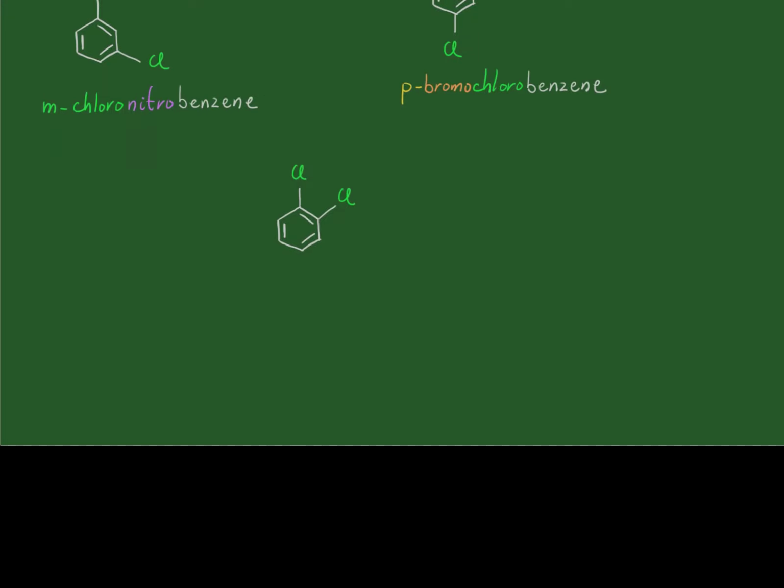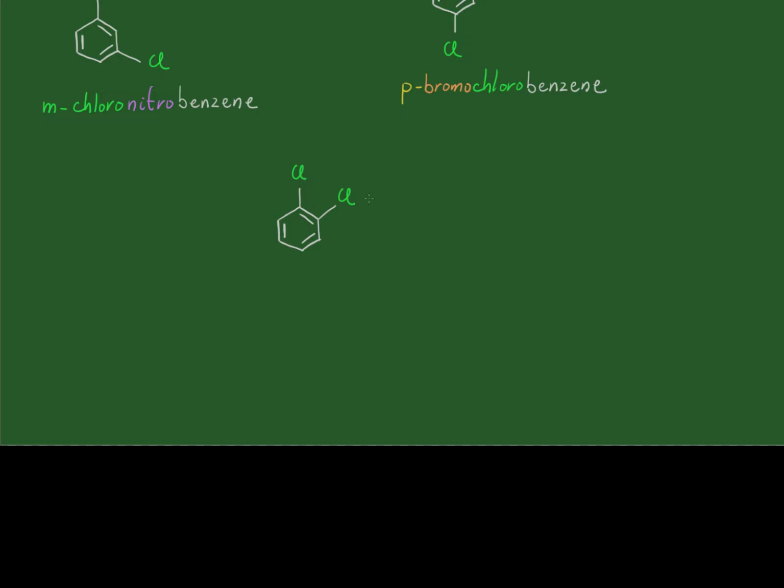So this time these two substituent groups are ortho to each other. They are next to each other. Ortho comes from Greek, which means straight. So you could kind of say ortho means straight next to each other. Meta means beyond, so beyond the next one. And para means counter to, so on the opposite side.